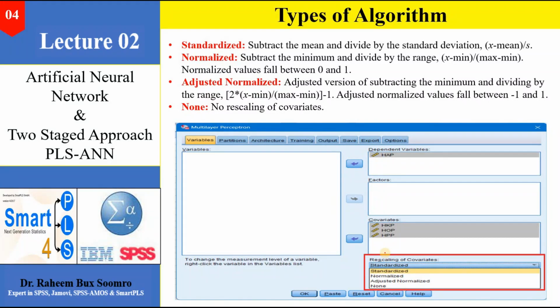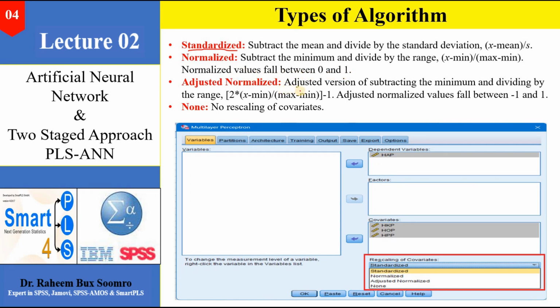Now, there are algorithms for rescaling covariates. For example, here are the types. One is standardized, which means subtract the mean and divide by the standard deviation. Then normalized: subtract the minimum and divide by the range, so the normalized value falls between 0 and 1.